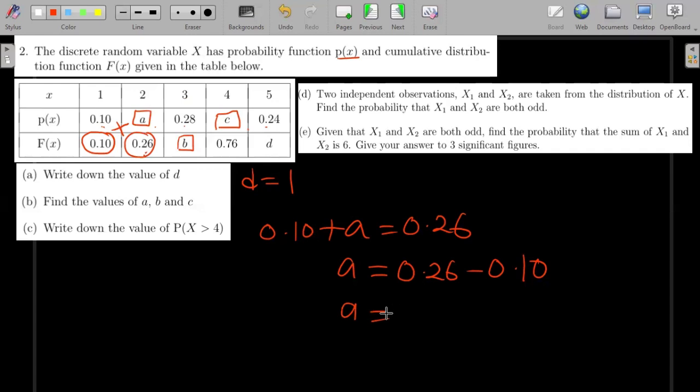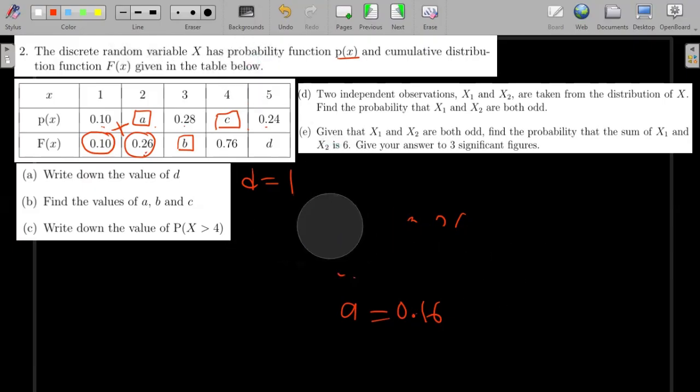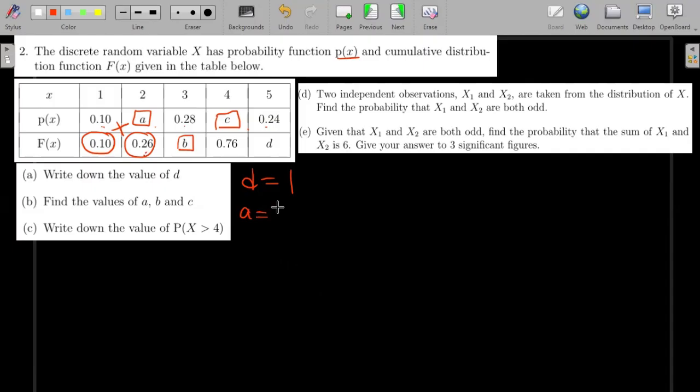So we subtract that, and we're going to find that our a will just be 0.16. So our a is 0.16 according to the formula. Let's write it somewhere: a is actually 0.16.